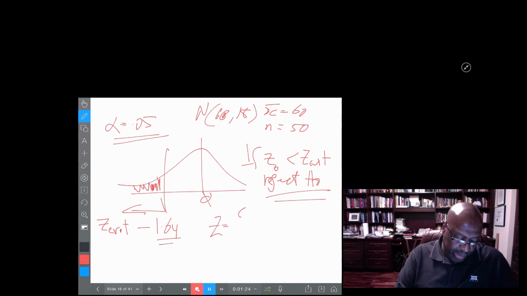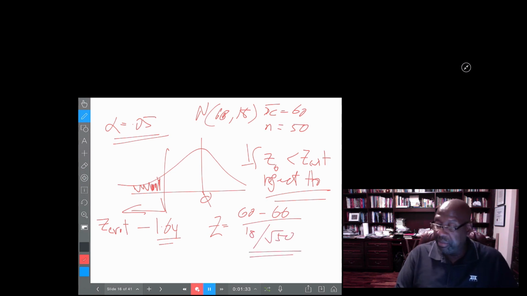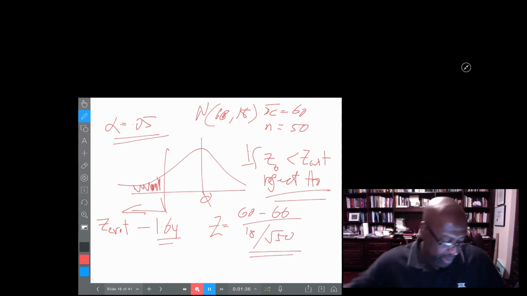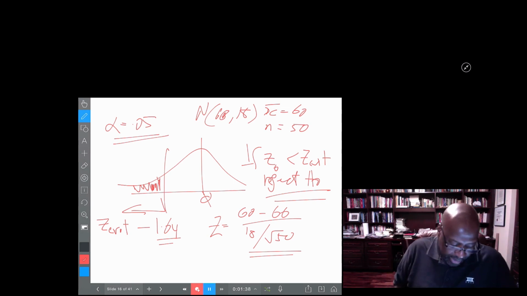When you do the calculation, it would be 60 minus 66, over 18 over root 50. All right? I don't have a pre-calculated value for this, so let me see how we would do this here.